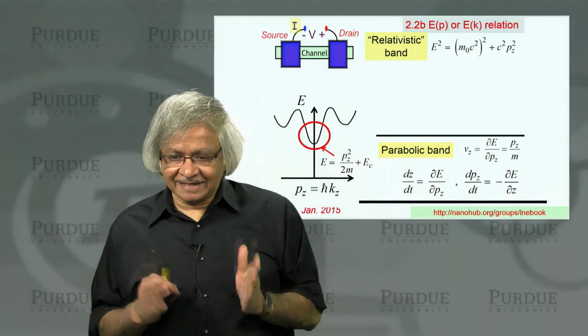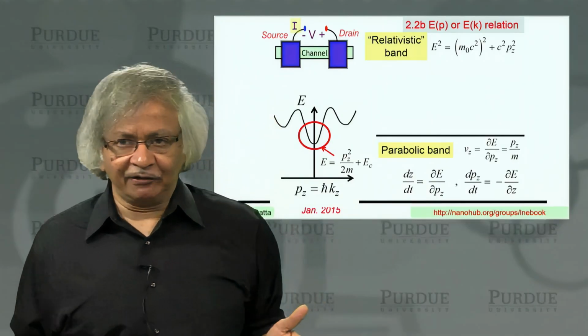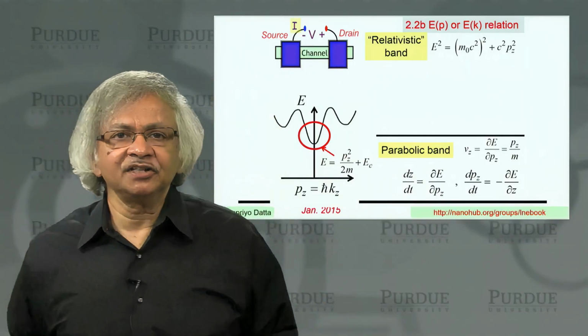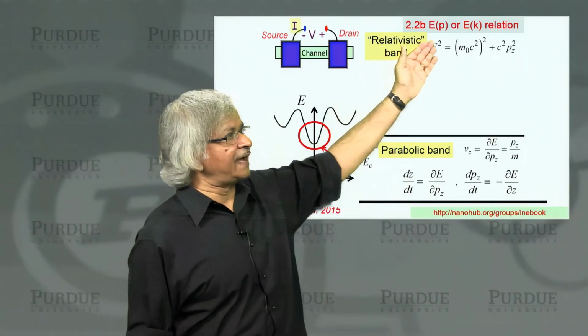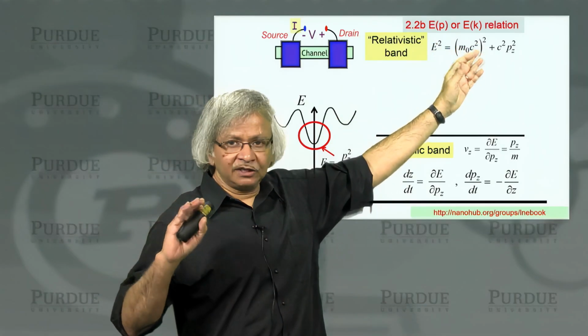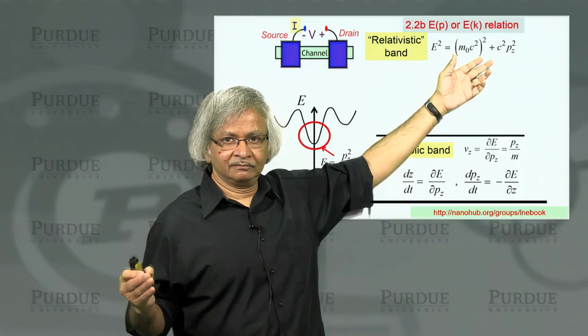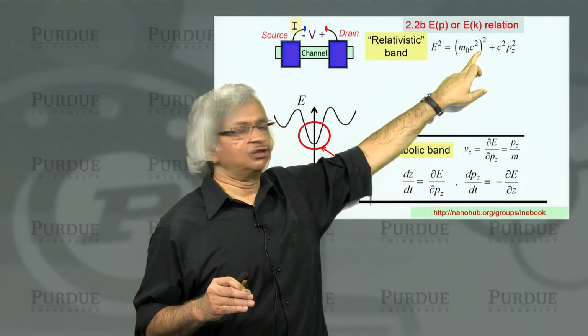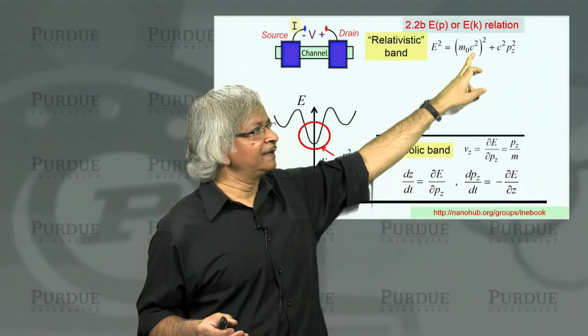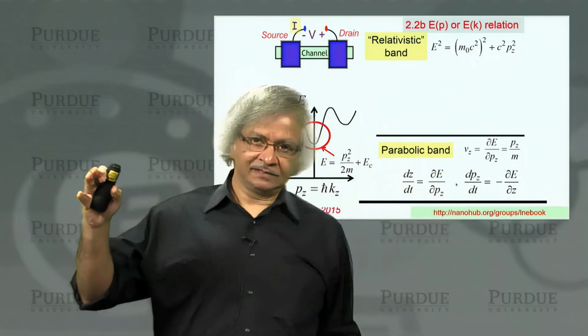Now, of course, in a solid, usually you don't have these relativistic speeds to worry about. But the point is, energy momentum relations could easily have this form. Now, it only looks like this in form, but not in terms of the actual constants. That is, for the relativistic relation, that c is the velocity of light.